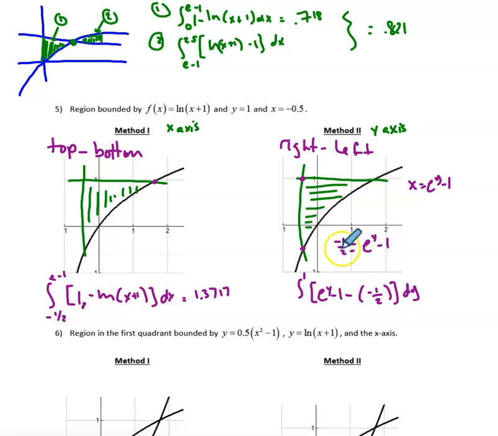I can add 1 to both sides to get 1/2 equals e to the y, and then I can take the natural log of both sides, and I get ln of 1/2 equals y. So my lower limit of integration is going to be the natural log of 1/2. And guess what? When I put this into my calculator, I get out the exact same answer as 1.3717, which again, you can truncate or round.